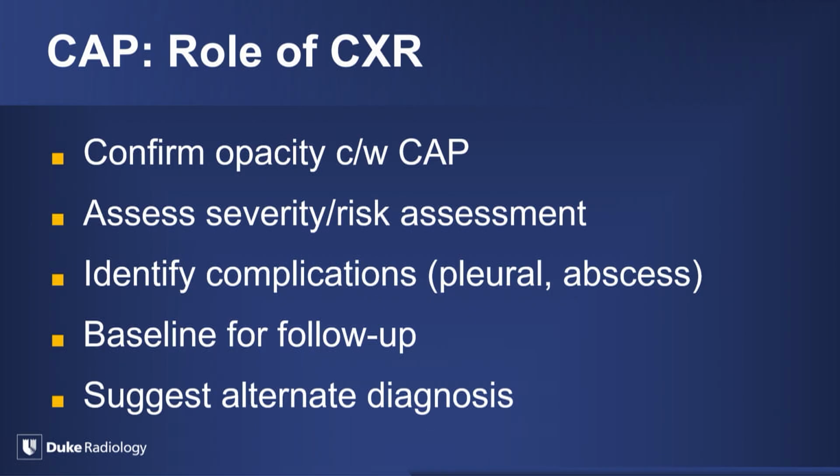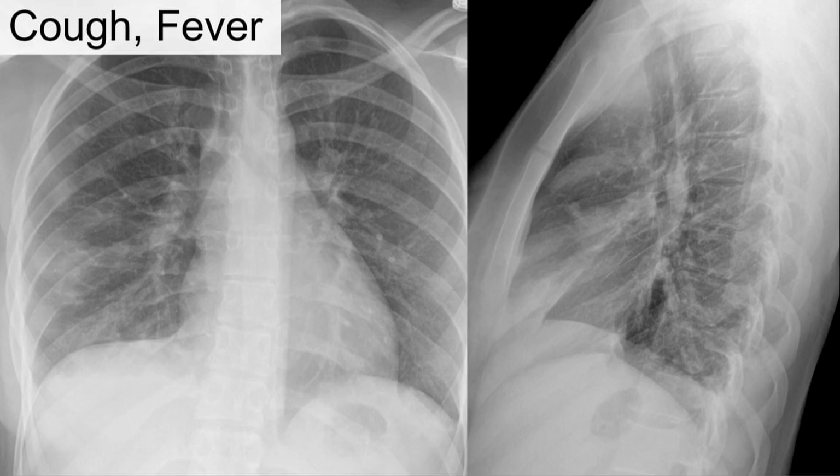They are interested in some of these factors, multilobar disease and pleural disease, which are useful for risk assessment and severity. They want us to identify complications such as pleural fluid, which might suggest a complicated parapneumonic effusion or empyema, or the presence of abscess, to serve as a baseline for follow-up in some instances, and also to suggest the potential for an alternate diagnosis. And that's what I'm really going to focus on in most of this talk. What are some things that would suggest an alternate diagnosis?